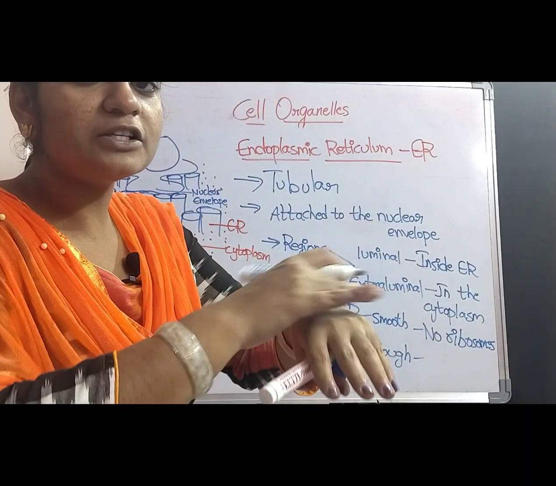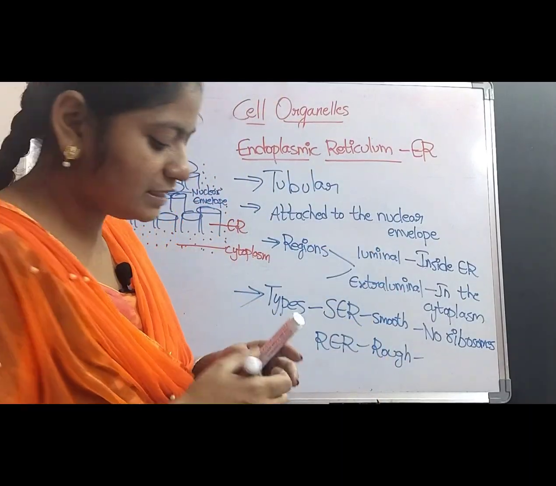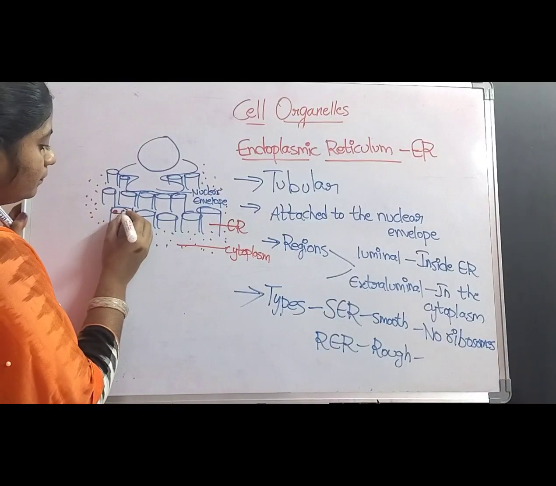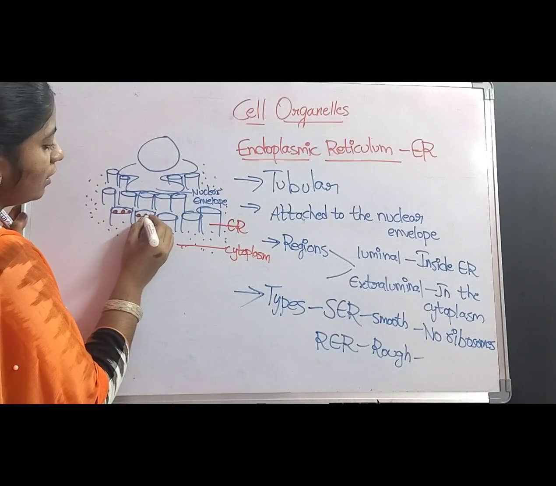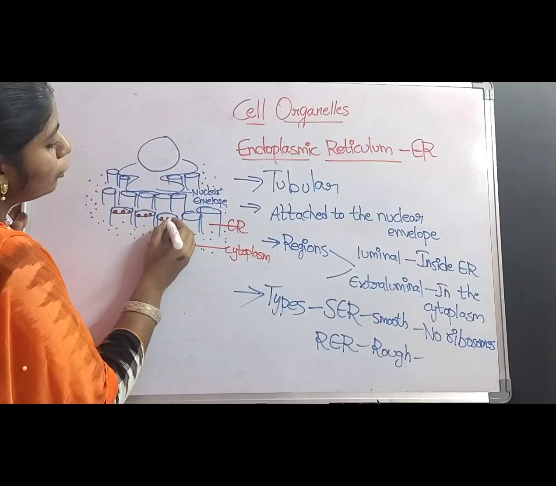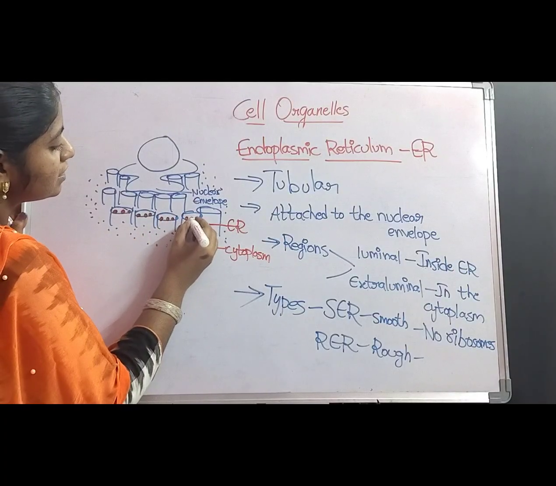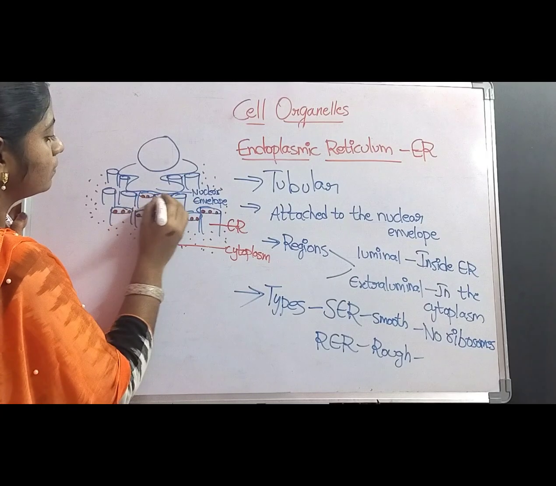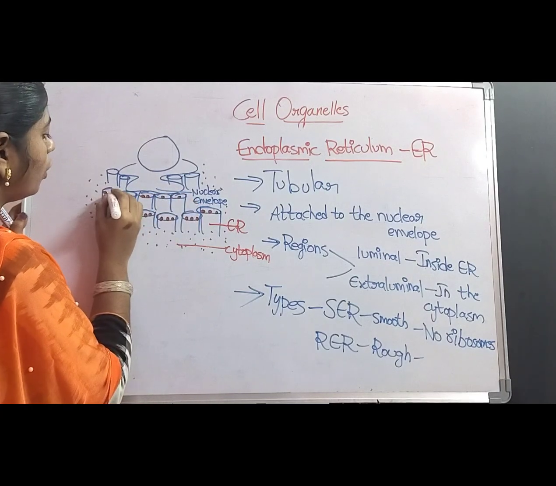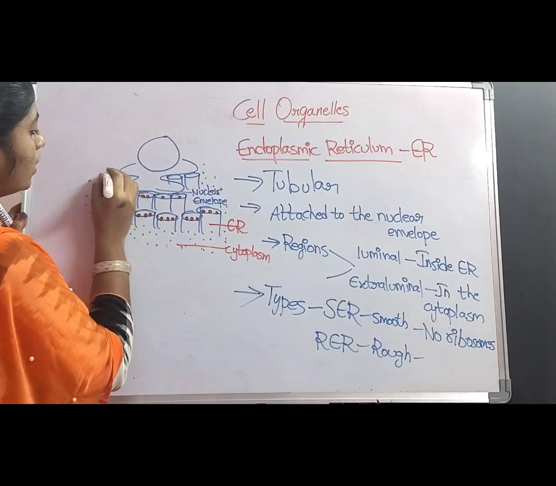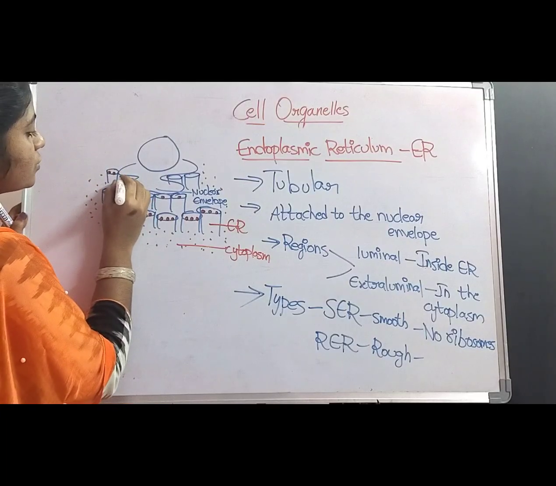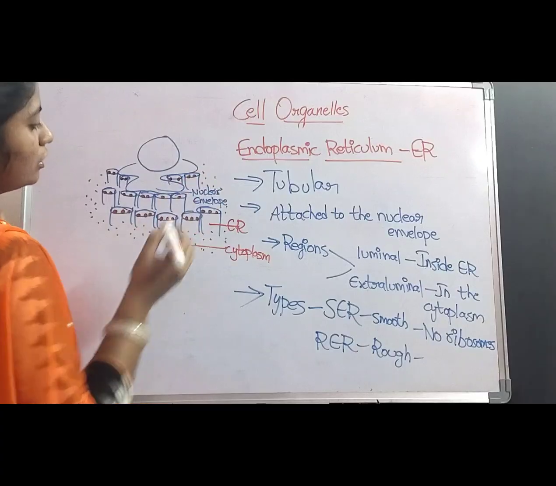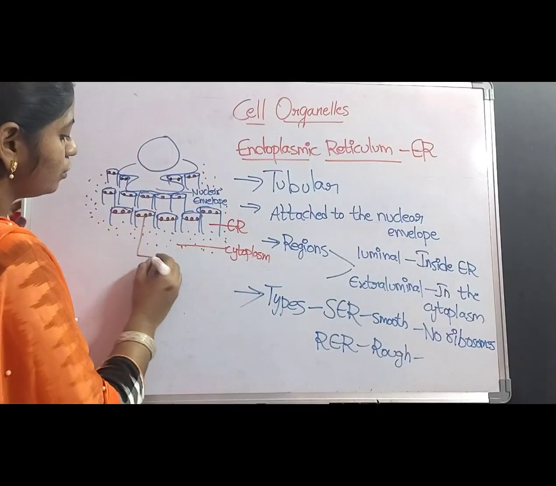If the surface of the endoplasmic reticulum contains small granular-like structures, some of the endoplasmic reticulum surface is surrounded by small granular-like structures. What are those granular-like structures called? Those granular-like structures which are present on the surface of the endoplasmic reticulum are called ribosomes.